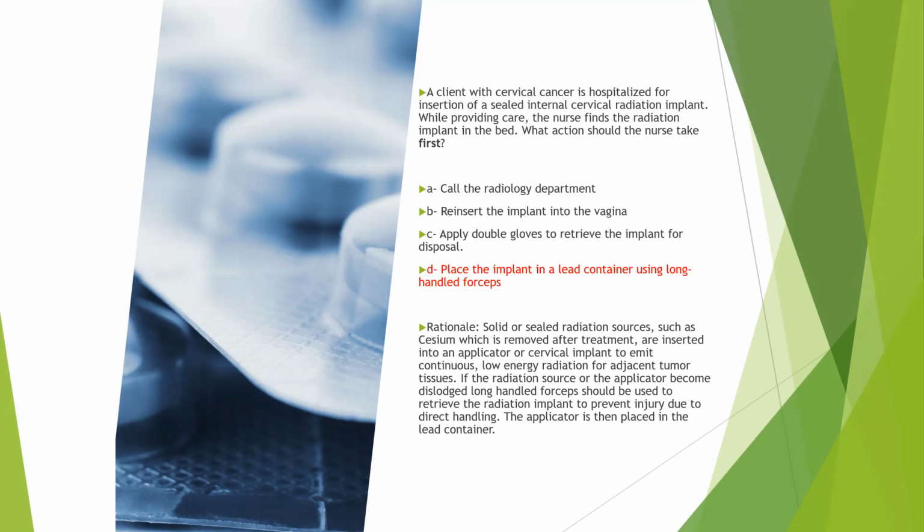If the radiation source or the applicator becomes dislodged or falls out, long handled forceps should be used to retrieve the radiation implant to prevent injury due to direct handling. This is for the nurse's safety. The applicator is then placed in the lead container. Very important concepts you want to make sure you review, okay, especially implantable radioactive devices and protecting yourself as the nurse.